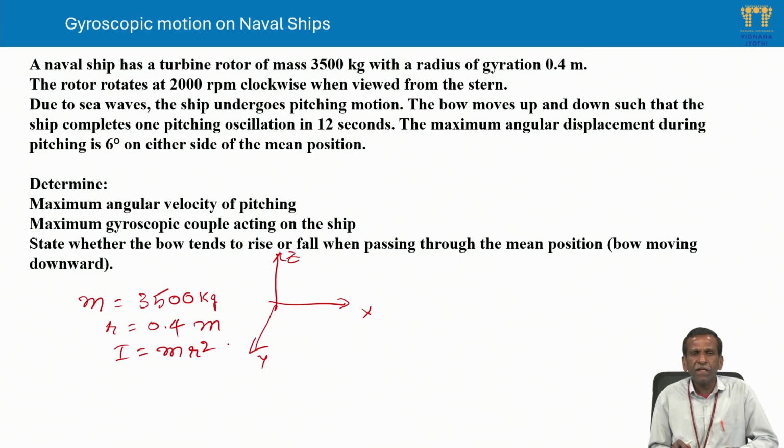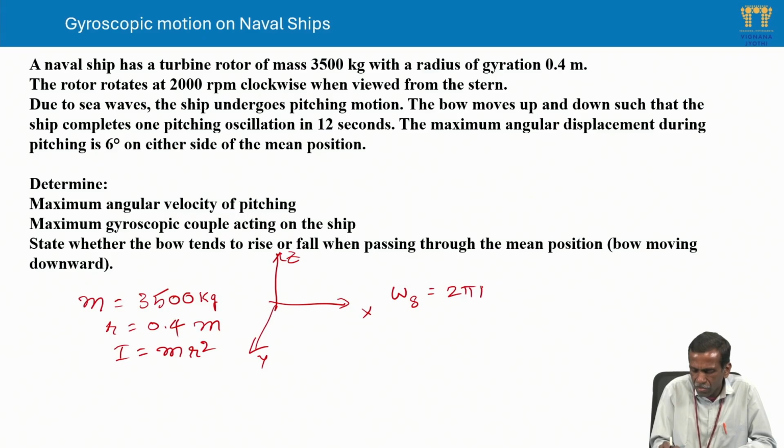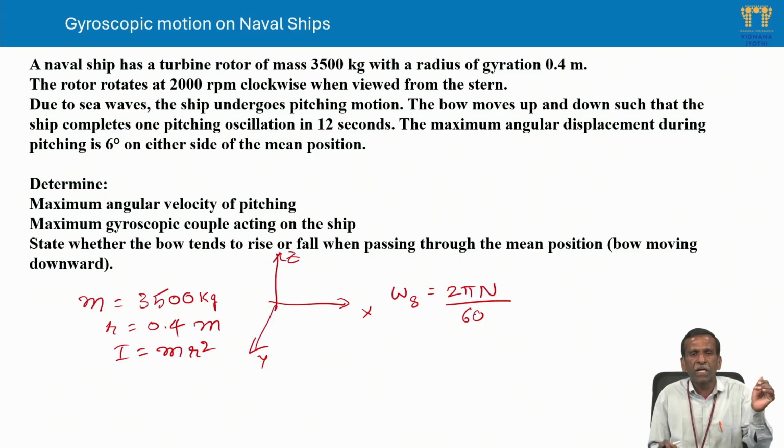Then the rotor rotates at 2000 rpm clockwise when viewed from the stern. So you are observing from the rear end, and it is rotating clockwise. From this you are going to get the spinning angular velocity in radians per second, since rpm is given. So 2 pi n by 60 will give omega s. Are you able to understand about the rotor?